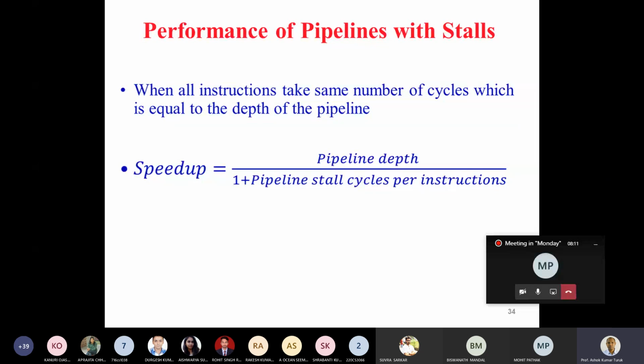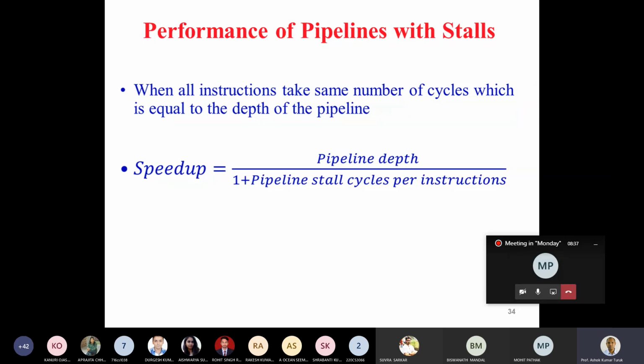So last class we derived an equation for the speedup that we obtain in a pipeline in the presence of a hazard. The equation we obtained is: speedup is equal to the pipeline depth divided by 1 plus the pipeline stall cycles per instruction, where the pipeline depth is nothing but the number of stages in a pipeline.